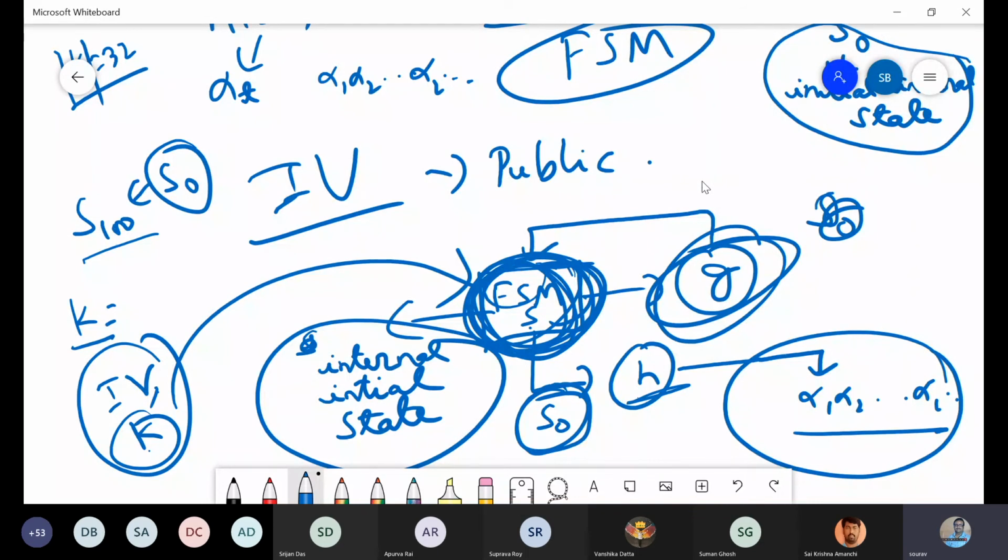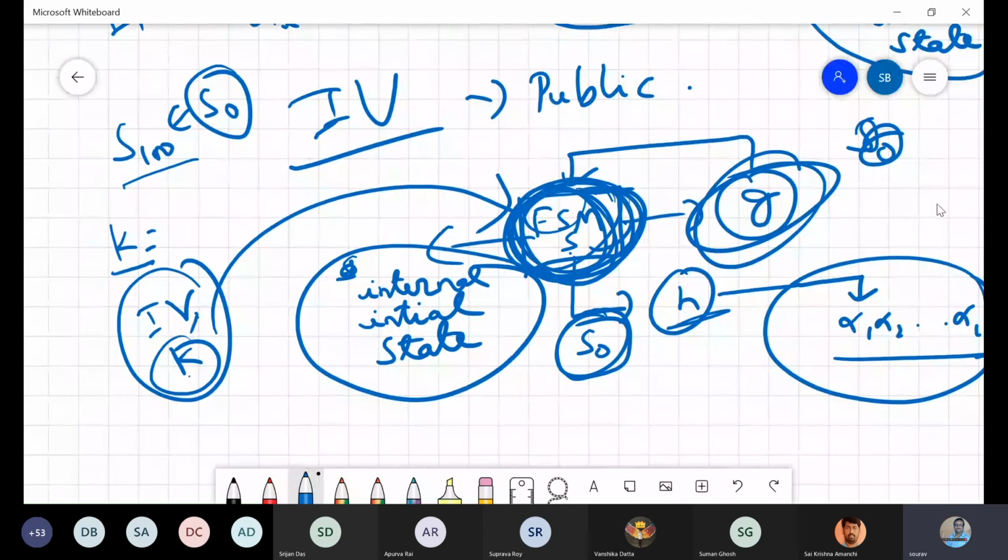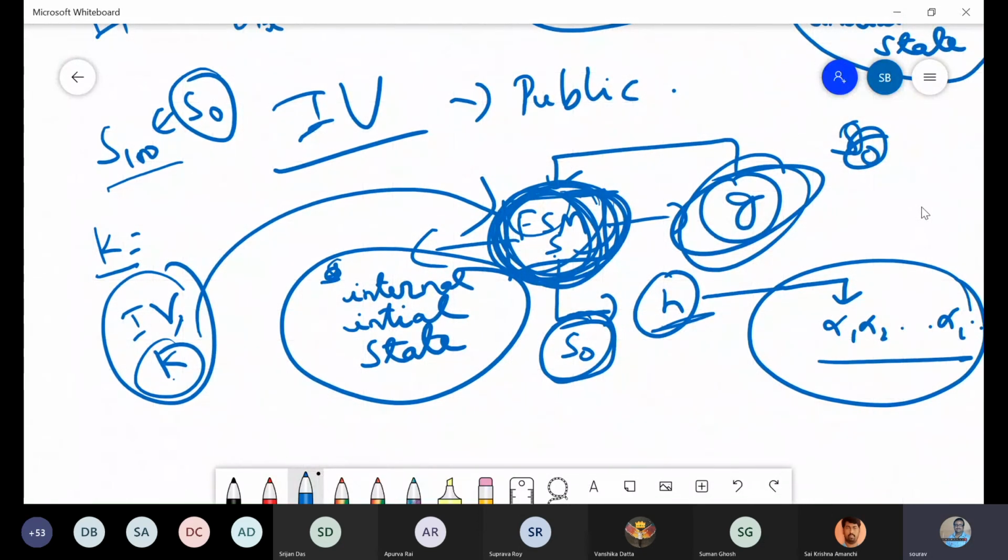Is this okay? Is this clear, this idea of introducing the IV and that initialization process? In the earlier case we didn't care about the initialization process. In the LFSR-based case we straight away put the key as S0 and then start generating the keystream. But in modern stream ciphers, we wait for some updates.